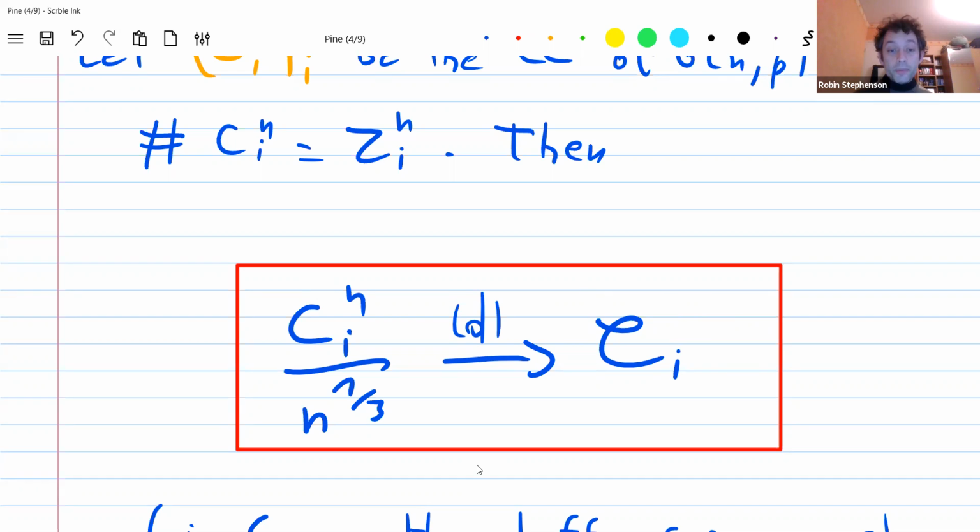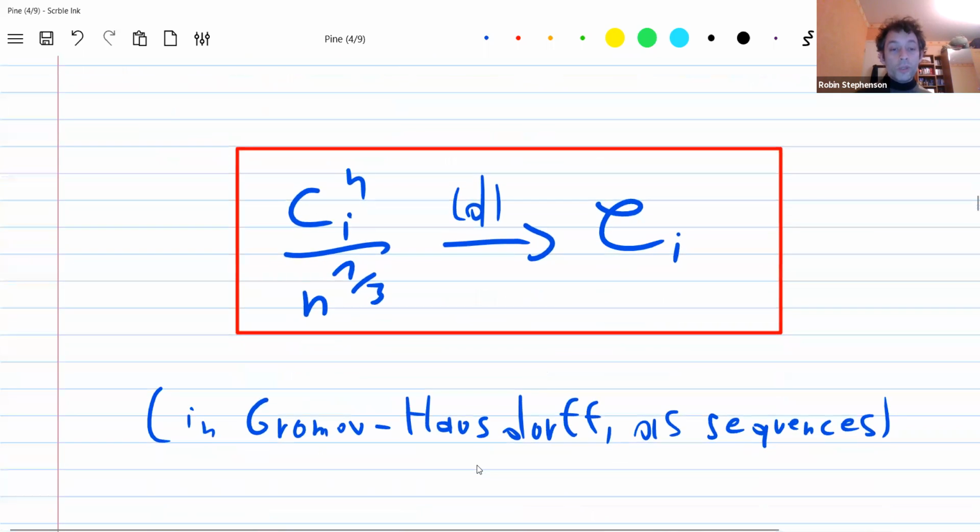And to make metric spaces converge, we use what we call the Gromov-Hausdorff topology or metric. So this is, as you inferred from what I said, a metric which is here to make metric spaces converge to other metric spaces.